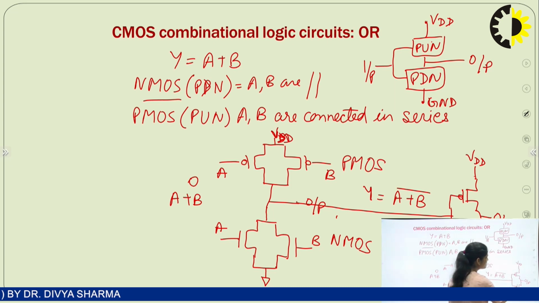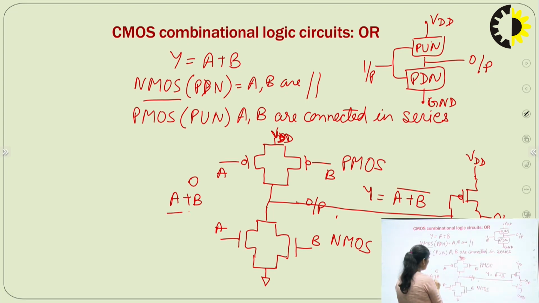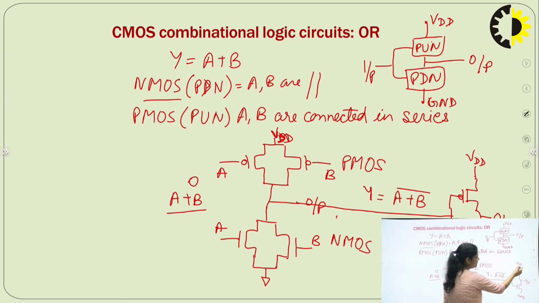In this CMOS inverter, PMOS is connected and NMOS is connected in the pull down network. So here you give input A plus B, and you will get (A plus B) whole bar at this output terminal. Now if you connect a CMOS inverter at this point where you are getting (A plus B) whole bar, you will get output A plus B here.